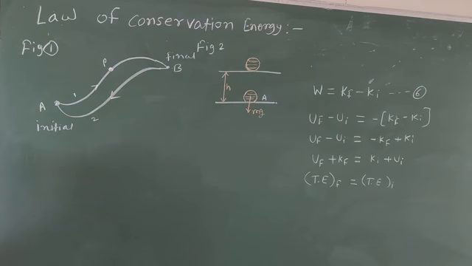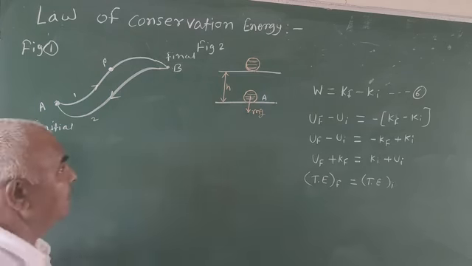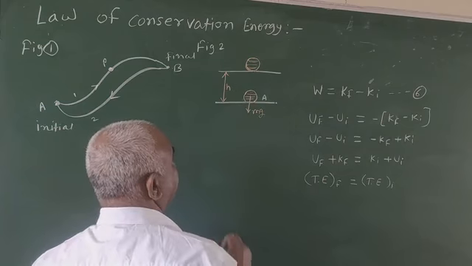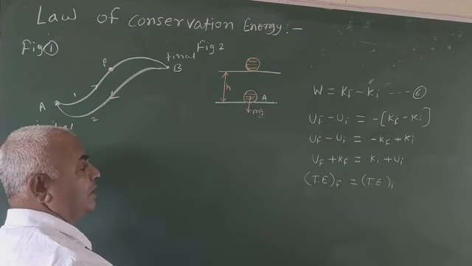And here, when we want to calculate the gravitational potential energy of that body, we lift that body to a height h from the ground, the earth surface.